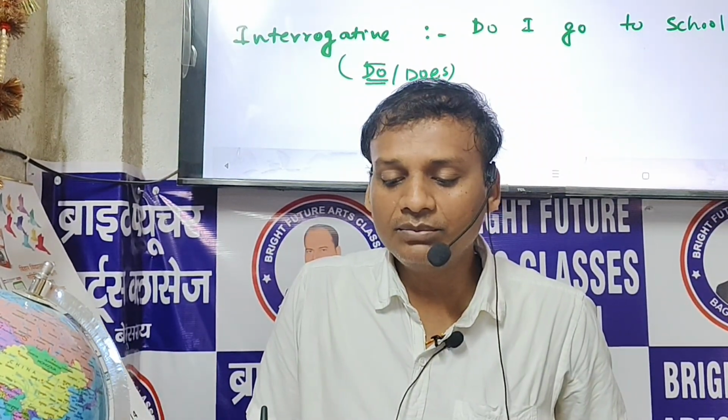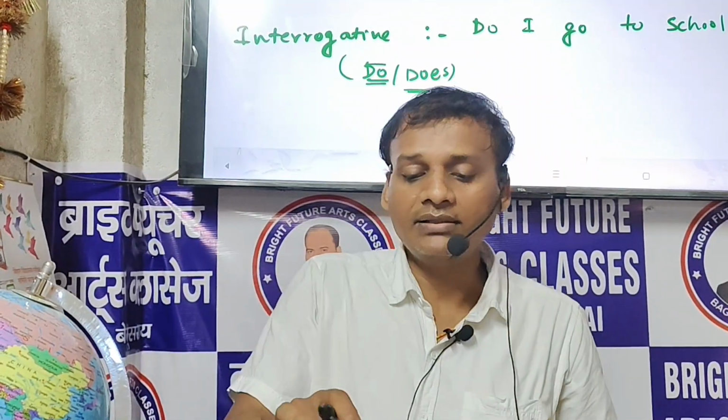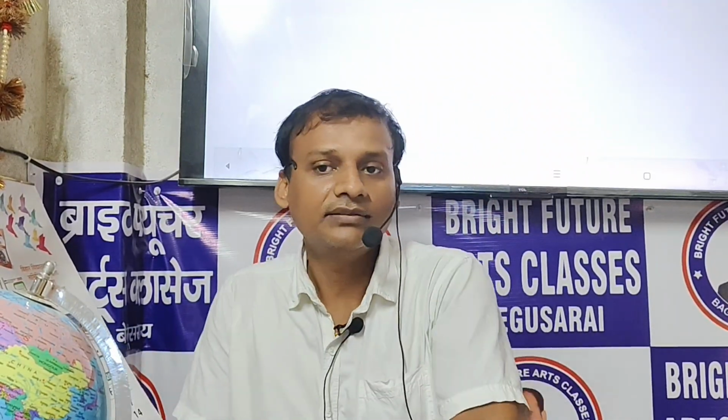And don't forget to place a question mark. It is interrogative. Written? It is clear. If you write do or does at the very start of the sentence, it is an interrogative statement. After that, the subject comes, after do or does.